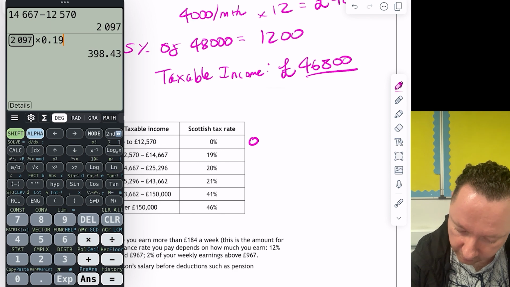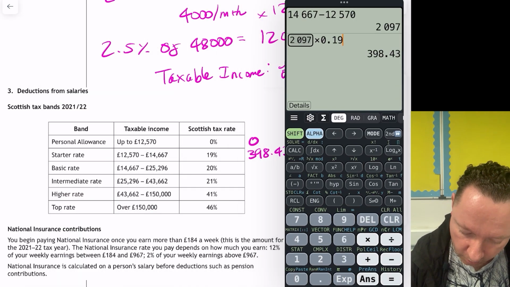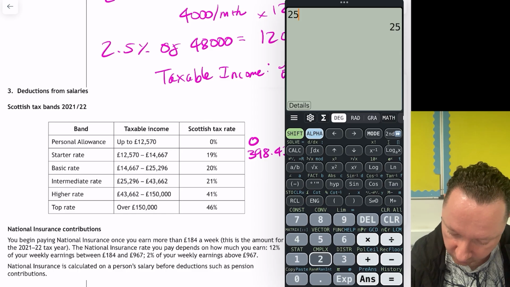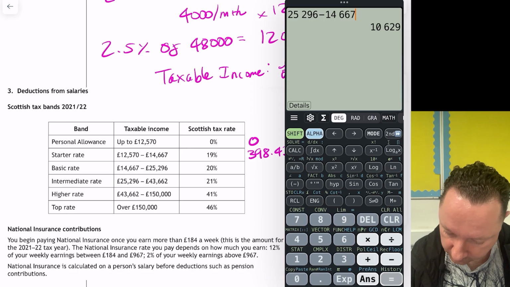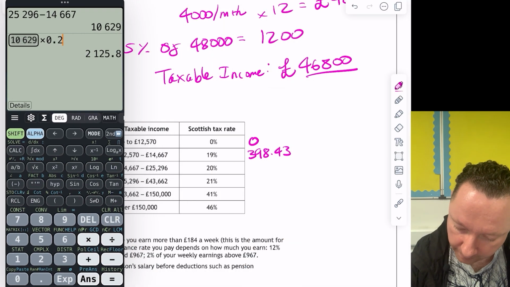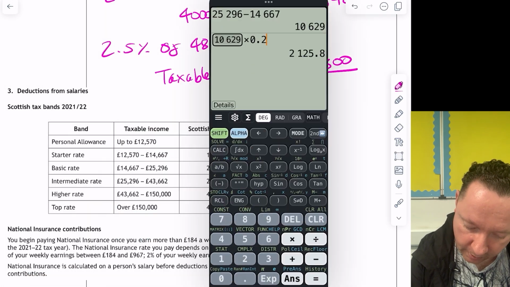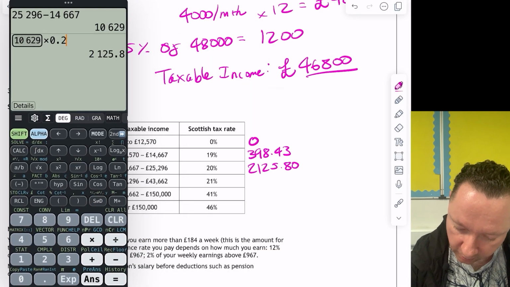So I'll just write 398.43. Okay, the next one, 25,296 minus 14,667 times 0.2, because it's 20%, 2125.80.